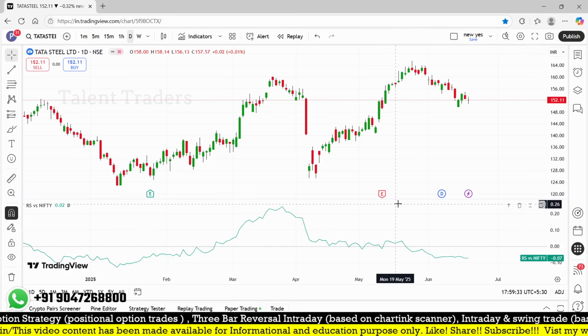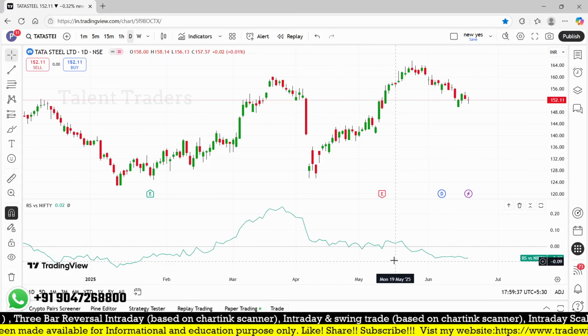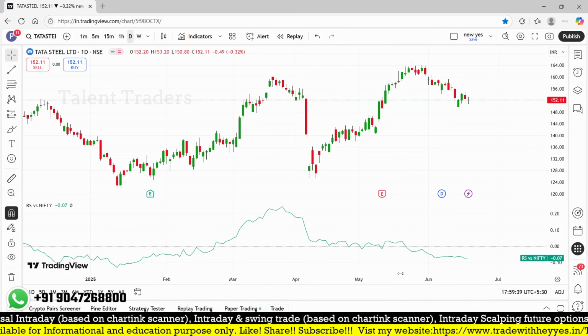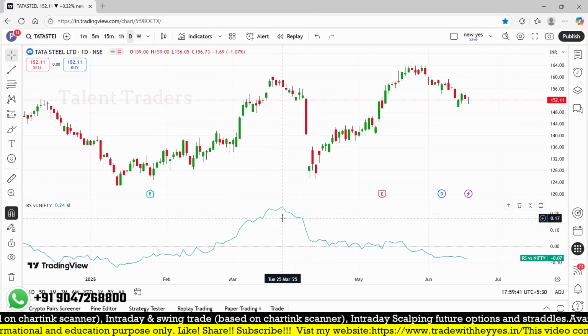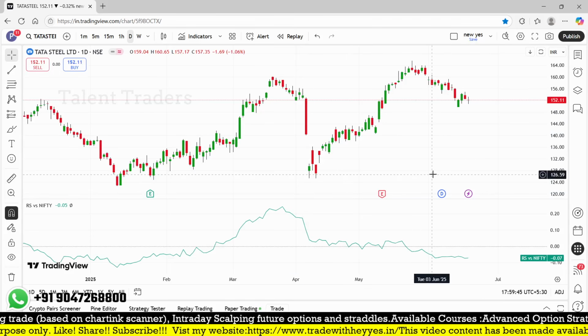Over the last 50 periods, Tata Steel is underperforming compared to the Nifty. That is what this indicator identifies: how a stock is performing relative to the Nifty.